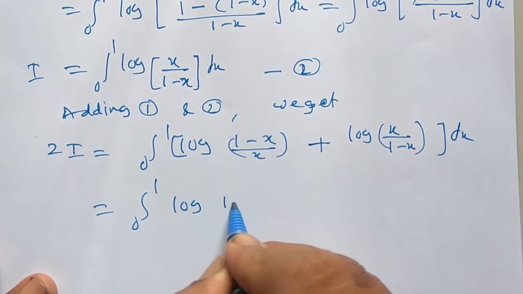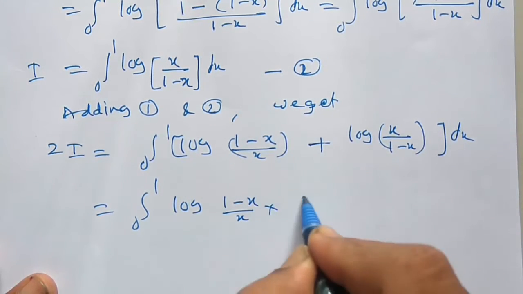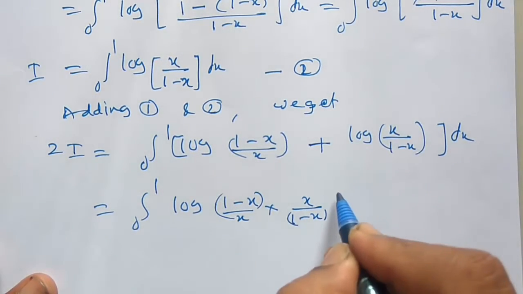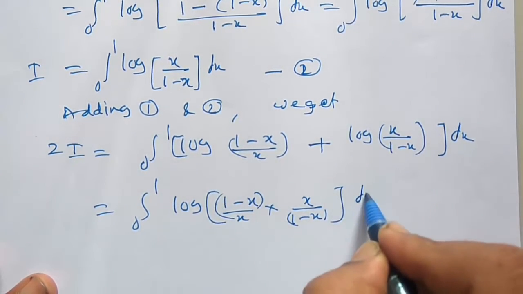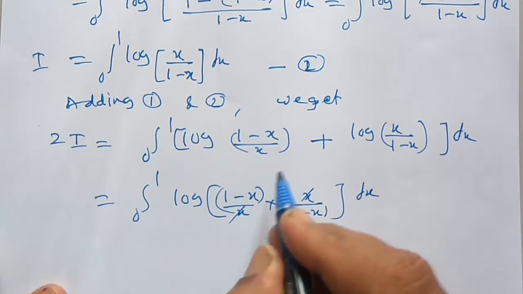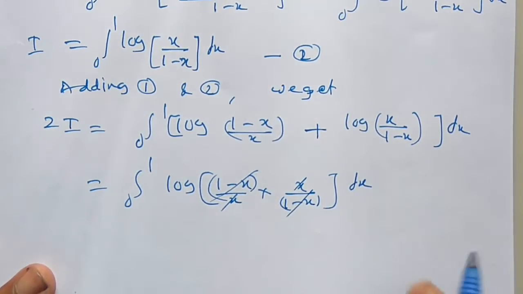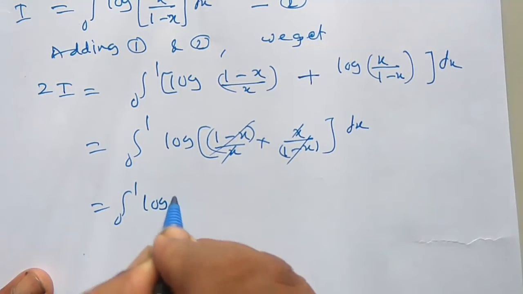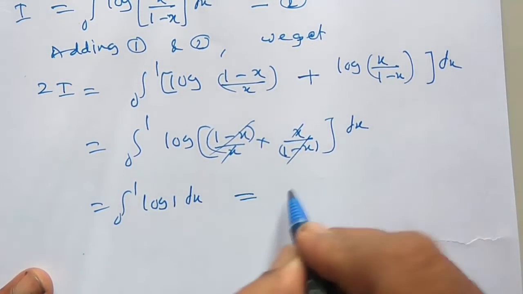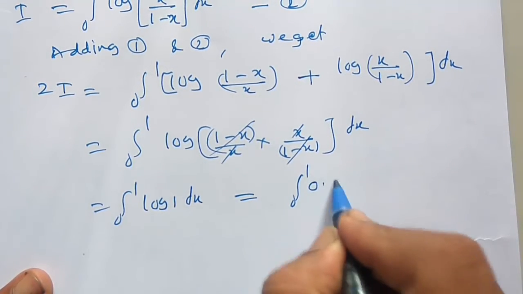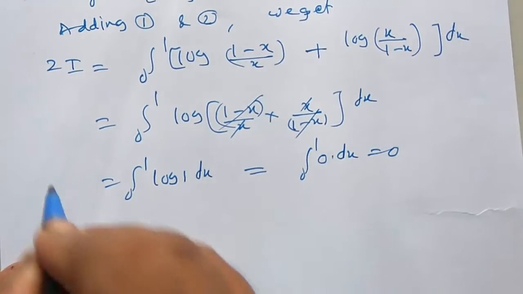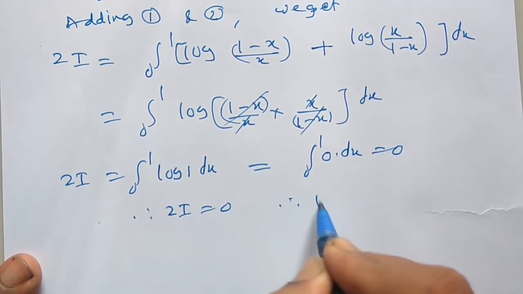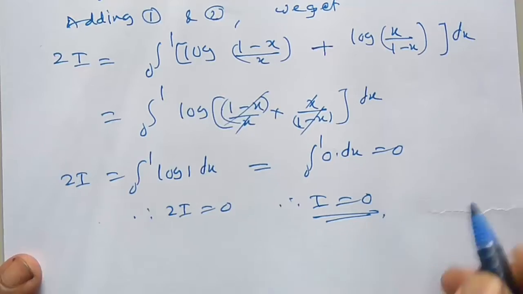So log of (1 minus x) upon x into x upon (1 minus x) dx. So x gets cancelled, 1 minus x also gets cancelled. It is equal to the integral from 0 to 1 of log of 1 dx. Log of 1 is 0, so 0 to 1, 0 into dx is equal to 0. So twice I is equal to 0, therefore I is equal to 0.